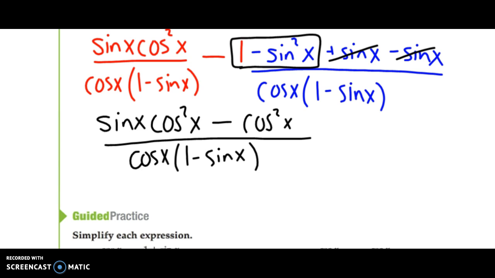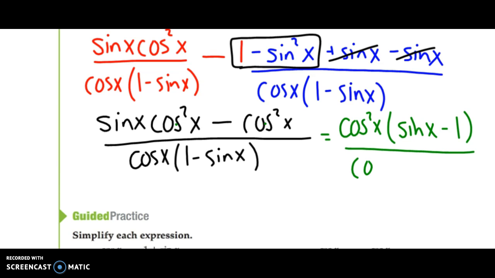Okay? So I'll see in the top that I can take a cosine squared out of everything, right? There's one right here, one right here. So I'm going to rewrite it as cosine squared x times sine x minus 1 all over cosine x times 1 minus sine x.